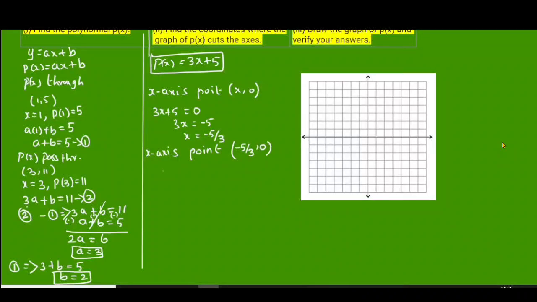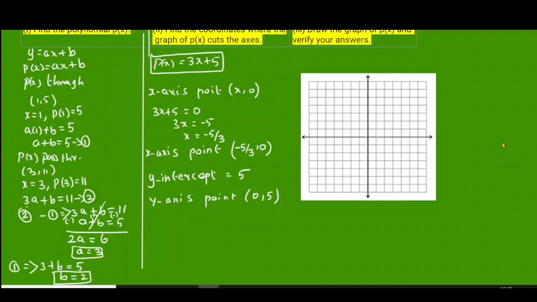What about the y-axis point? You know very well, the y-axis point is nothing but the y-intercept. Y-intercept is b. The y-intercept in this question is 2. So the y-axis point is (0, 2).